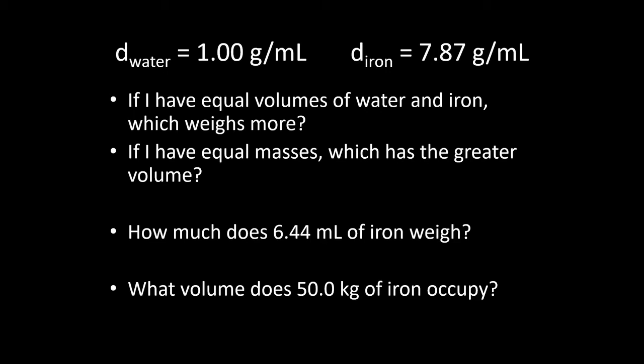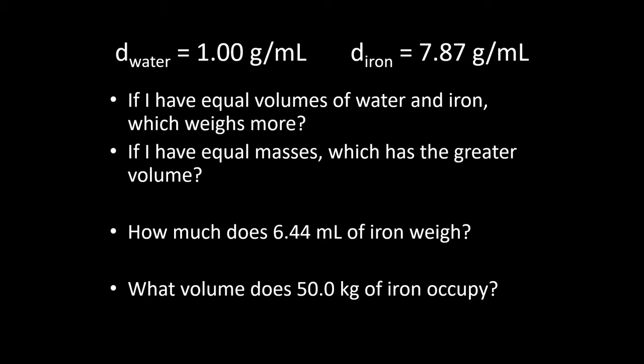Hopefully, the first thing that came into your mind was the iron would weigh more. Yes, it would. This would be like saying if you had a gallon of water, which is not light by any means, or a gallon of iron. Like, that's going to be really heavy. It's going to be 7.87 times as heavy as the water, actually. So if you have equal volumes, the iron weighs more.